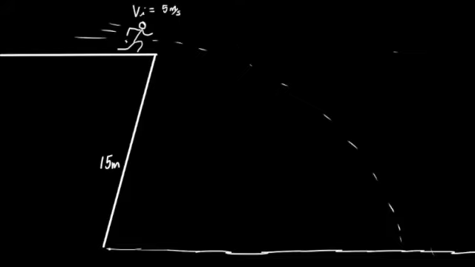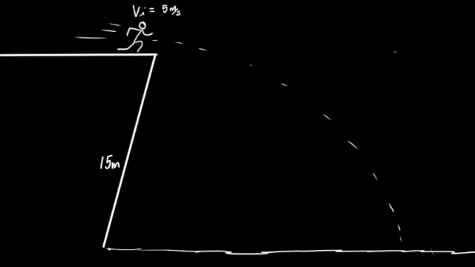His motion this way is completely horizontal until he leaves the cliff, and then he starts to fall down because gravity takes over. Now, a couple of key things when solving a horizontal projectile problem.